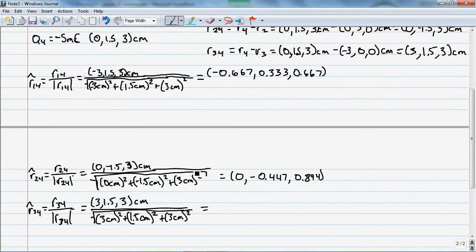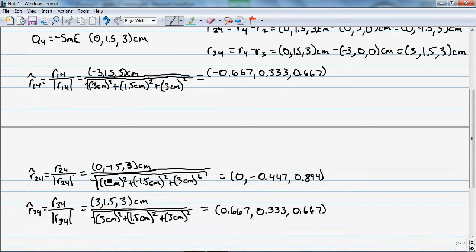Our unit vector is going to have the values 0.667, 0.333, 0.667. So those are our vectors and our unit vectors for charge 4.